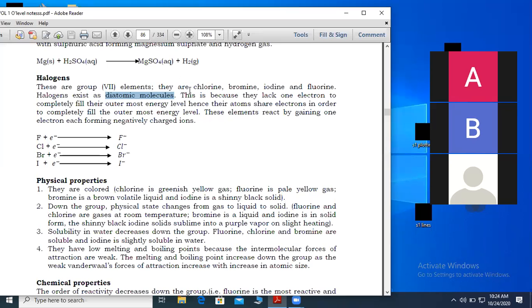It is a combination of two independent atoms. But for chlorine or oxygen or nitrogen or any other gas, it is atoms of the same kind. Oxygen, there are two atoms. Chlorine, it is one atom.